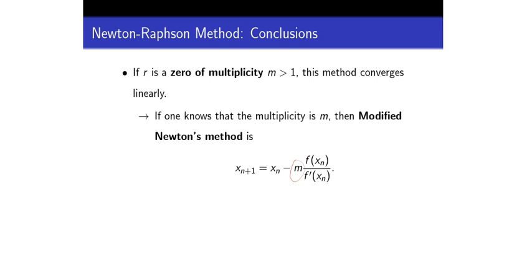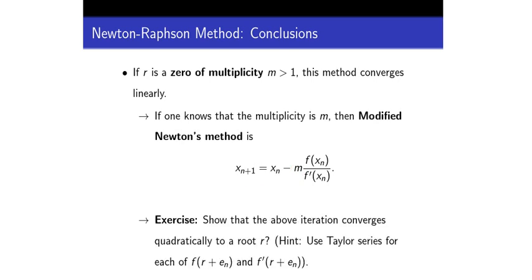You will achieve the quadratic convergence of this modified Newton's method to a root r. Here a hint is also given to you: use Taylor's theorem, Taylor series for each of f of r plus en and f dash of r plus en. Okay, fine.